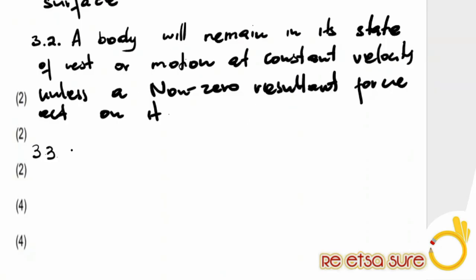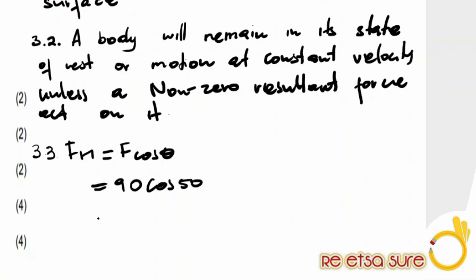Okay, meaning the F horizontal for this situation is equal to F cos theta. What is the magnitude of F? It is 90. So 90 cos our angle, which is 50.